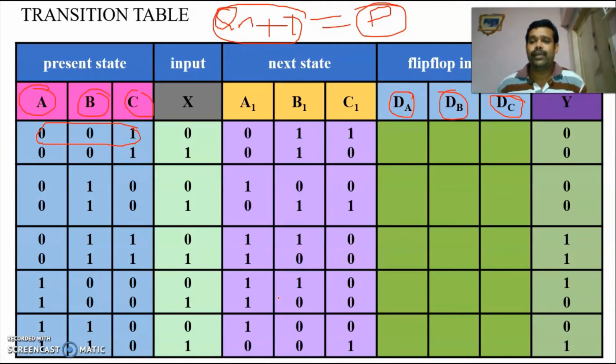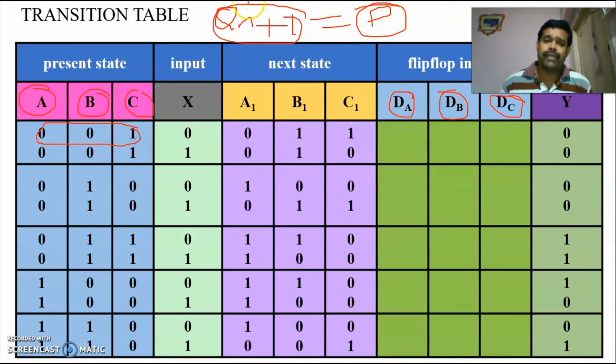If not mentioned, you go for D or T, because these flip-flops have only one input, and the number of K-maps you have to solve will be fewer compared to JK and SR. So it is better to go for T or D when it is not mentioned in the question to do it by a particular flip-flop. So here we have chosen the D flip-flop for doing this problem.